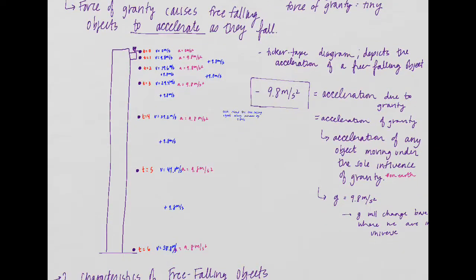And this is going to be the same no matter what for any object in free fall. This increase in velocity, the only thing that will change for the problems is going to be the time intervals that I give you, probably.